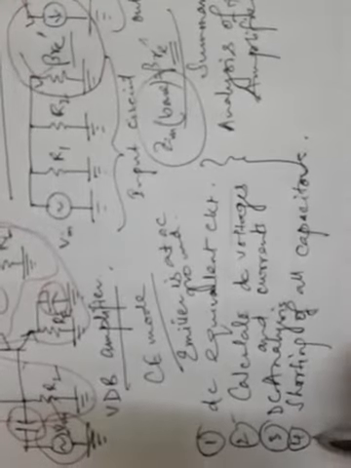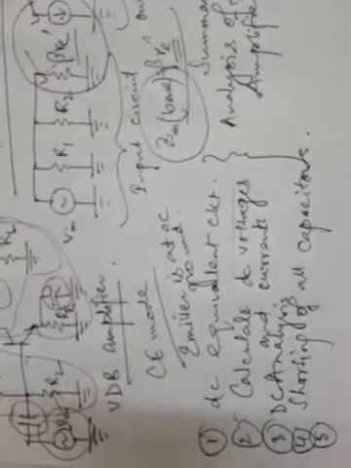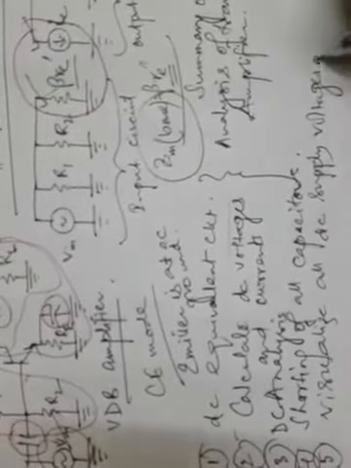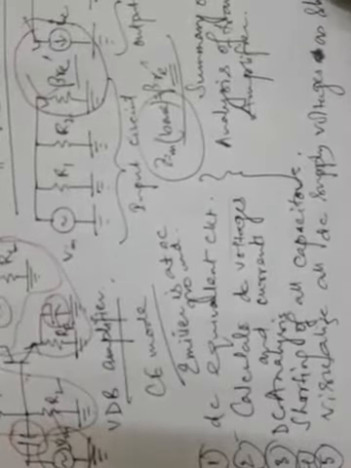Step 5 is to visualize all DC supply voltages as shorted to AC ground.